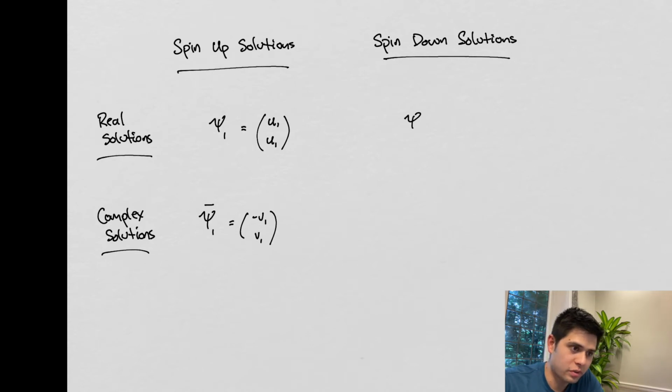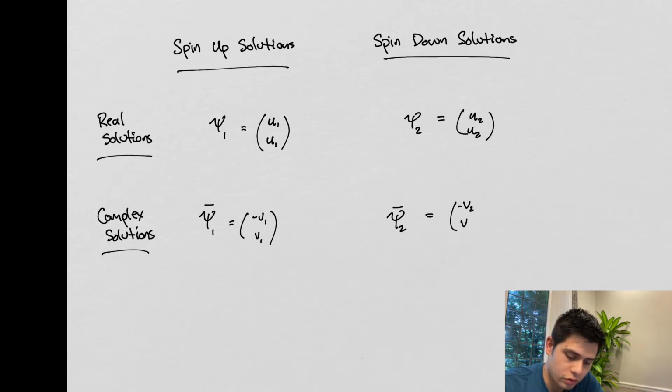For our spin-down solutions, these are going to have a 2 subscript. Again, this is all out of the book, but the book doesn't give this table. I made this table myself, and it's a good way of organizing your thoughts or the material.